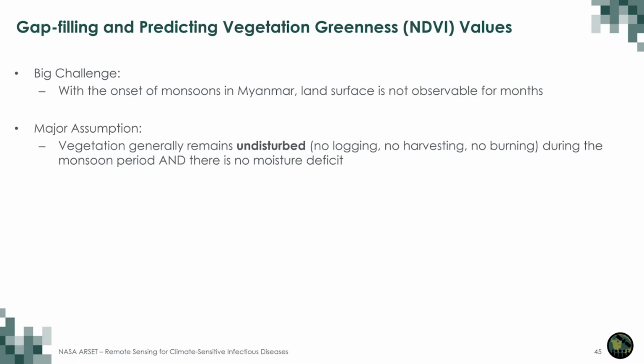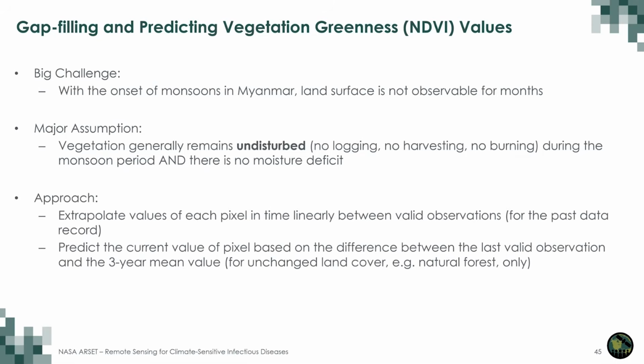The major assumption is that vegetation generally remains undisturbed. There is no logging, no harvesting, no burning during the monsoon period. And because it is monsoon period, there is no moisture deficit that can put vegetation at stress. So following this assumption, we're taking a different approach.